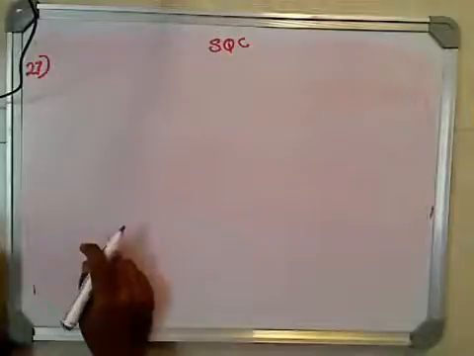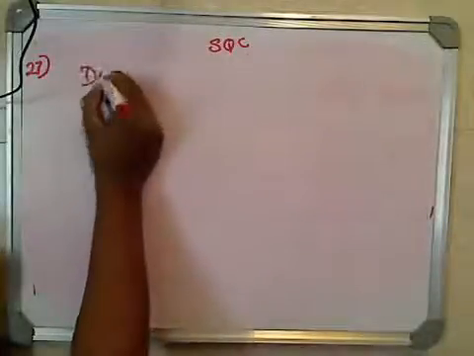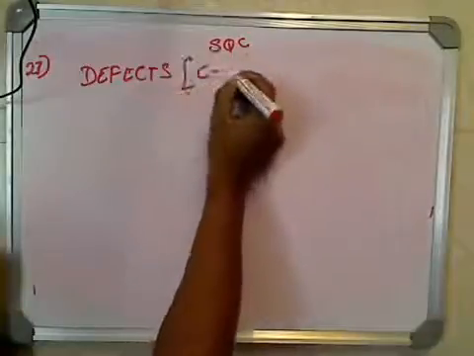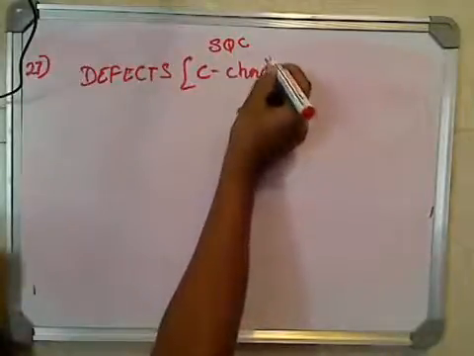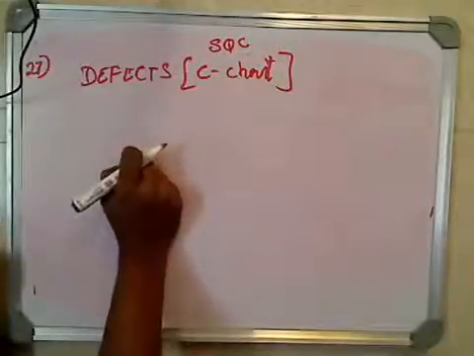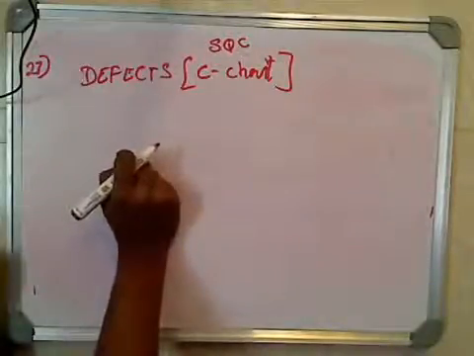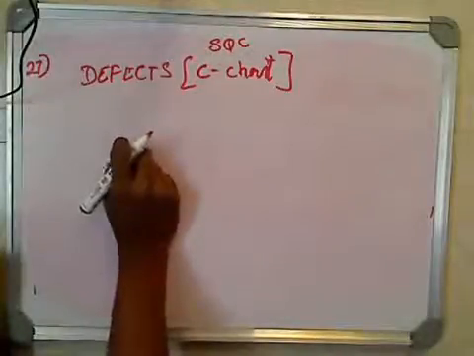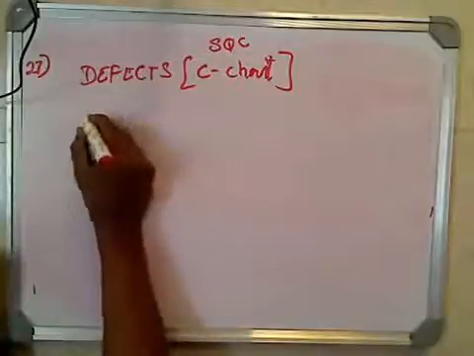In this case, you mentioned defects. Defects here automatically means you use a C chart formula. Now in this case, the mean is not given. That is, the Poisson distribution value is not given.